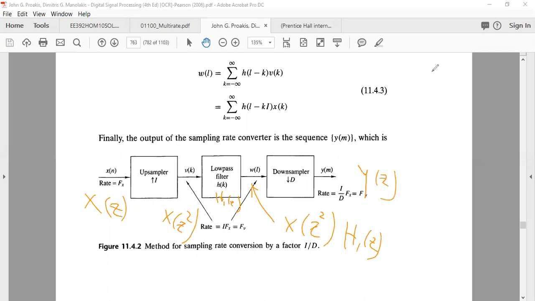So what we can do is use the downsampling property and pass this input signal through it, using that property to obtain our y of z.